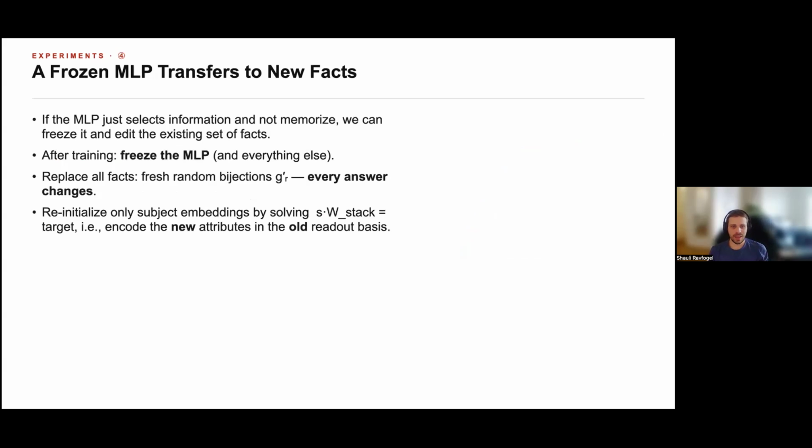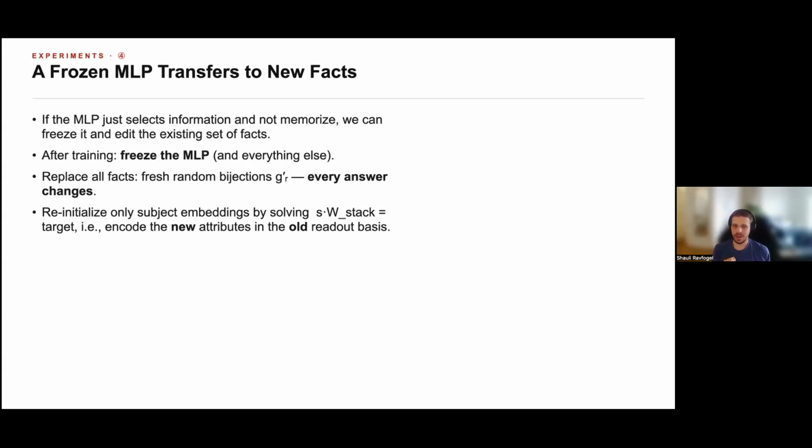And we can take an even stronger version of this experiment, where again we freeze the MLP, and we sample a completely new set of bijections G_R prime instead of the original bijection G_R. So we have the same set of entities, but for each relation, we sample a completely new mapping between entities and answers. And again, we don't change the MLP at all.